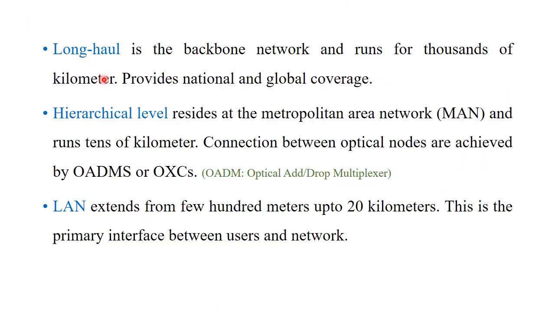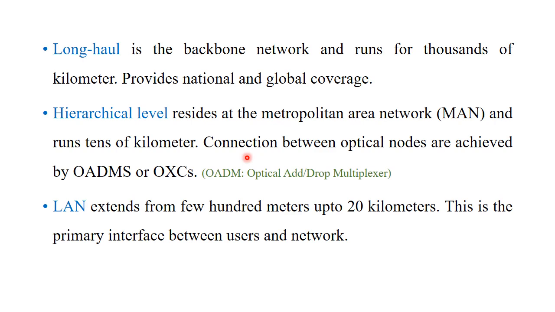What I explained in the previous slide is given in a concise manner over here. The long haul is the backbone network and runs for thousands of kilometers, providing national and global coverage. The hierarchical level at the metropolitan area network runs tens of kilometers.